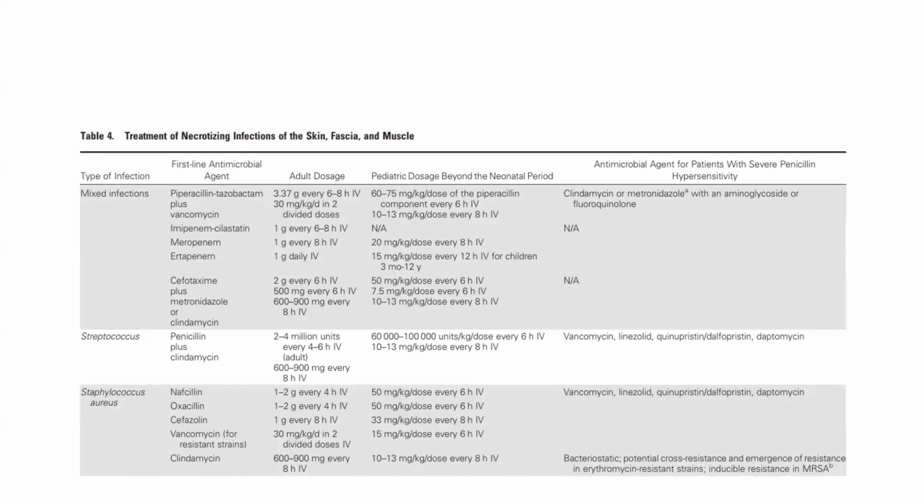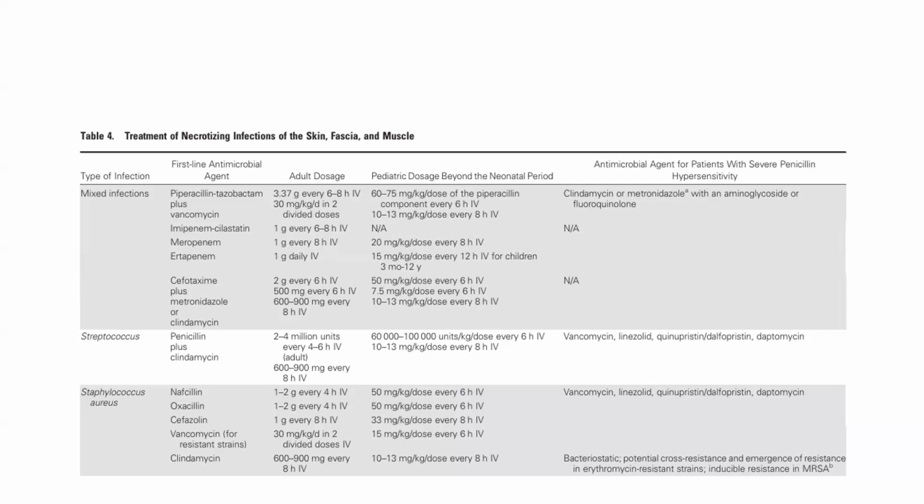First line antimicrobial agents are piperacillin-tazobactam, imipenem-cilastatin in the dose of 1 gram every 6 hourly, meropenem 1 gram every 6 hourly, ertapenem 1 gram every 6 hourly, or cefotaxime 2 grams every 6 hourly, plus metronidazole 600 to 900 mg every 8 hourly, or clindamycin 600 to 900 mg every 8 hours.